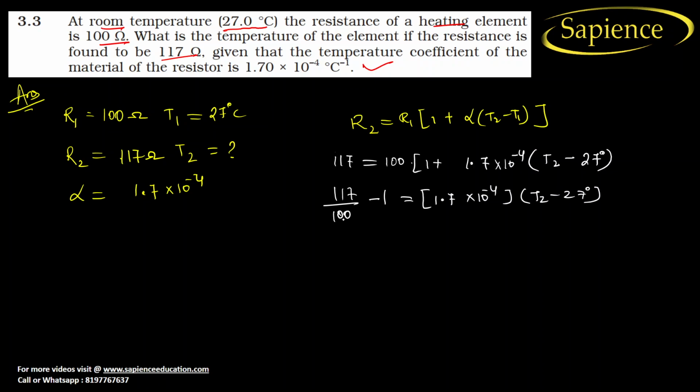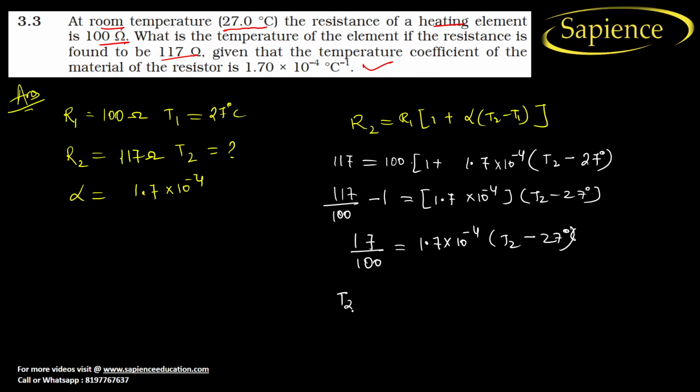So from here what we can infer, this is equal to 17 divided by 100. This is equal to 1.7 into 10 to the power minus 4, and this is equal to T2 minus 27 degrees Celsius. So let's calculate it.